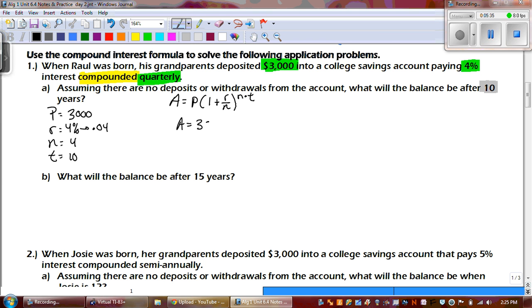So we have 3,000 times (1 plus our rate 0.04 divided by 4), and then the NT is just N times T. So 4 times 10 is 40. That's one of the few things that we're going to simplify right off the bat.